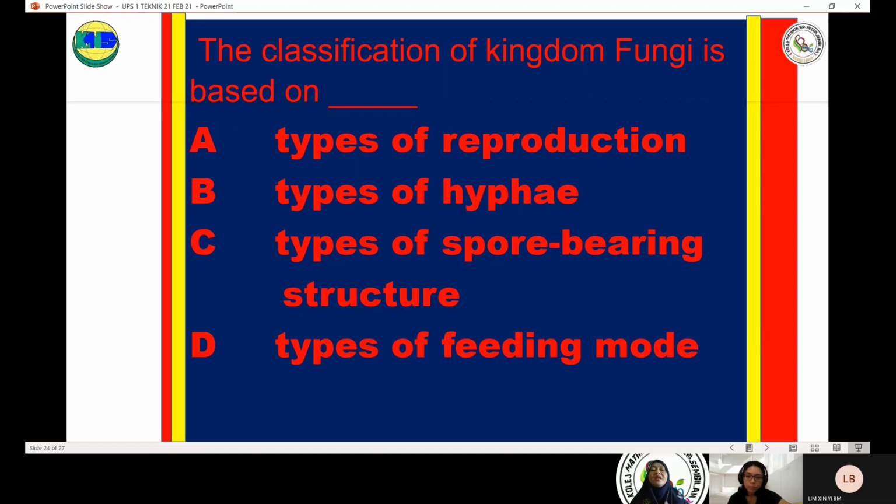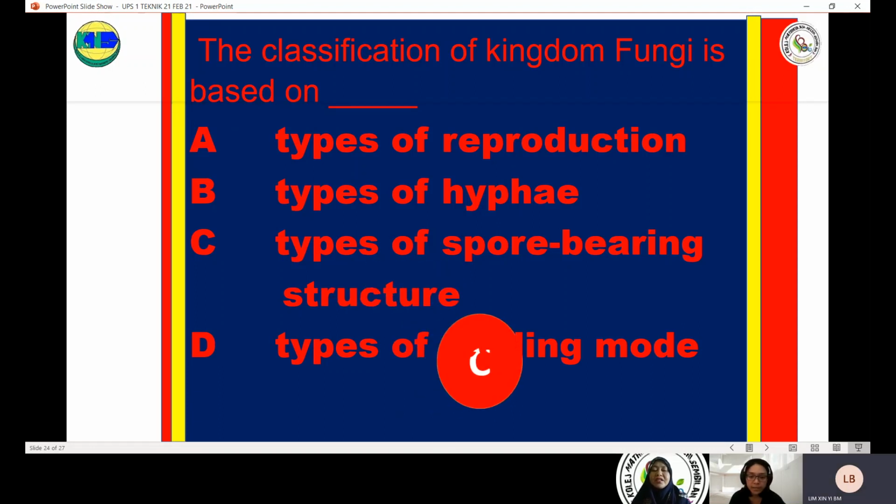But when the conditions are not good, they have no choice, life has to go on. So they will produce one unique characteristic for each phylum, which is not found in other phyla. So the answer will be spore-bearing structure.